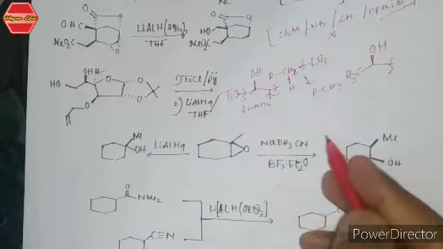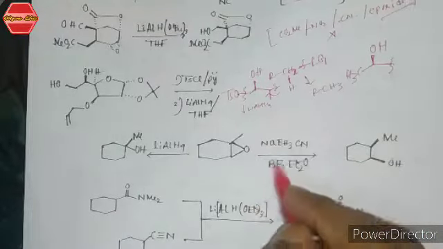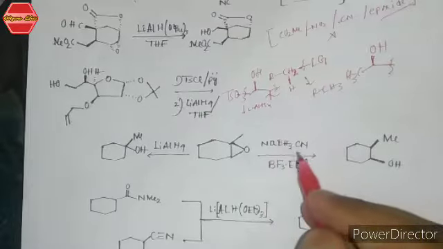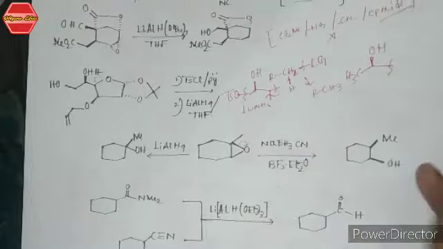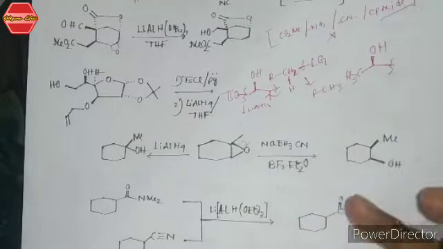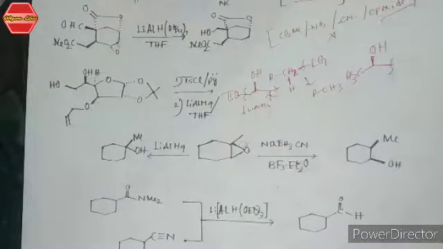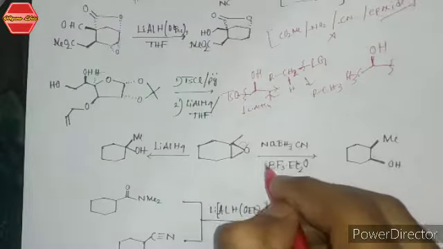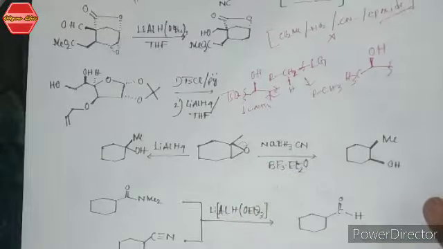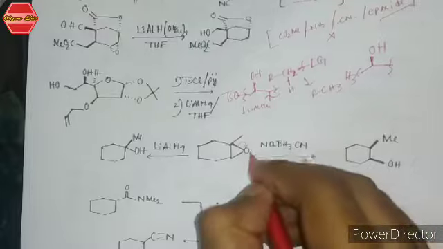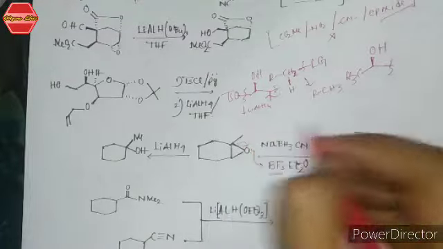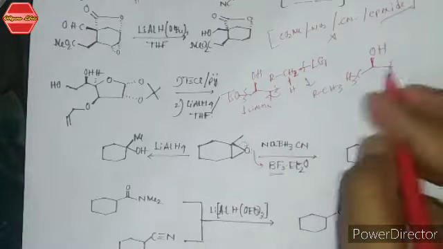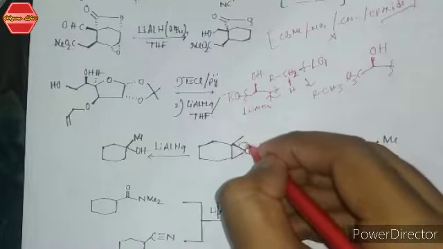Or if we use sodium cyanoborohydride in the presence of boron trifluoride etherate, then the ring opening takes place from this side. Why does this type of ring opening take place? It is because boron trifluoride is just a Lewis acid, so it will take a proton from here. Now this will try to open up to get back to neutrality. So that is why this bond is removed.